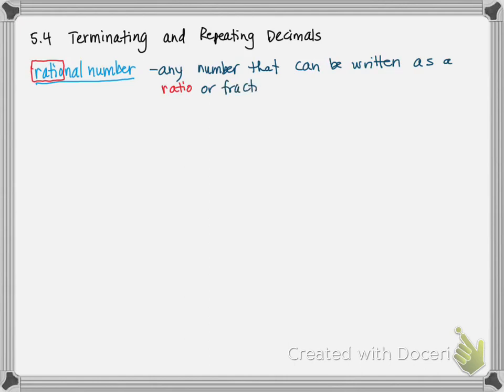So a ratio is a comparison of two integers. A fraction is a comparison of two integers. Same thing.